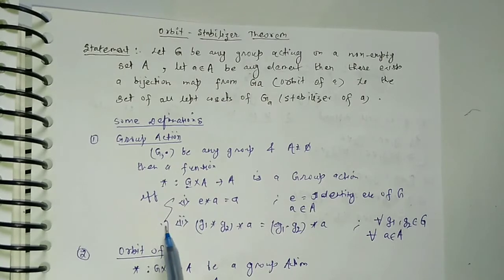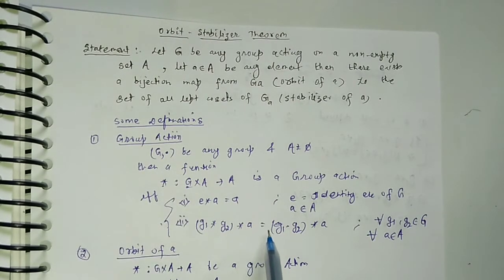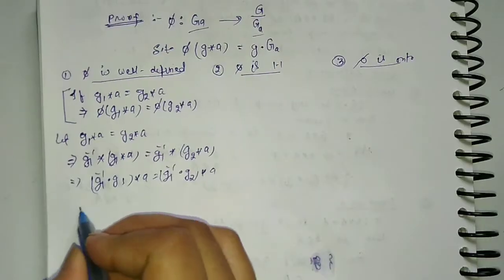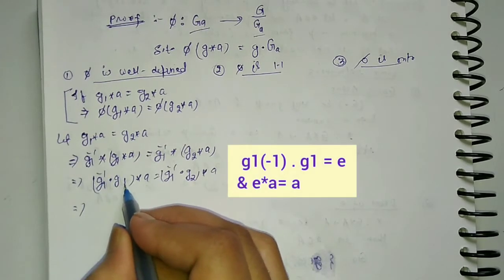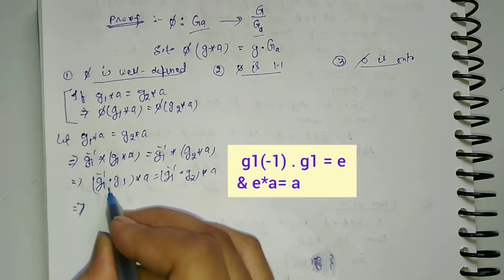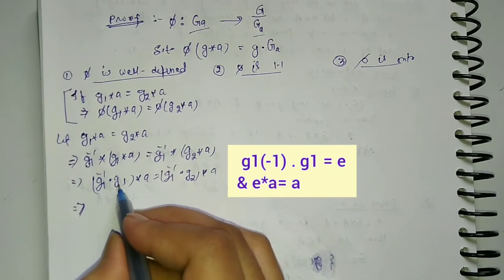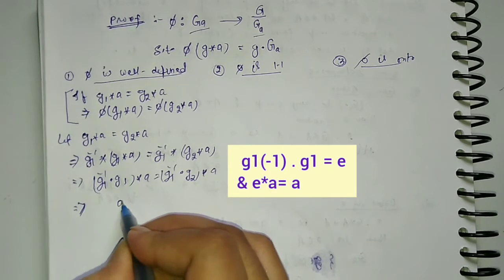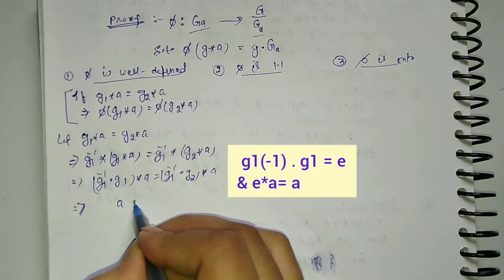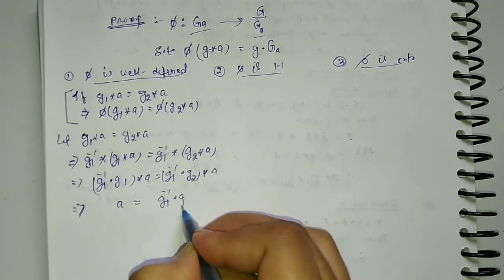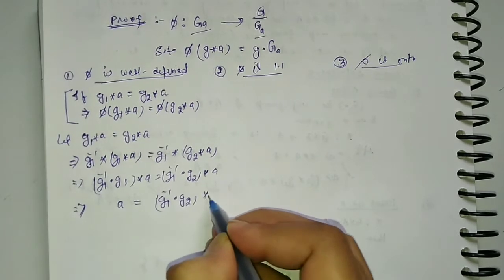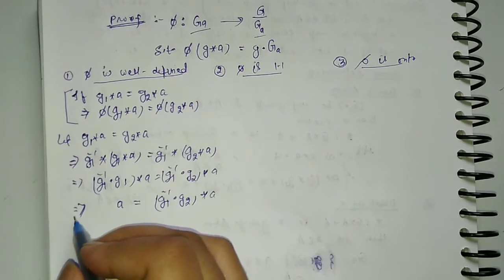From this property of group action, g1 star g2 star a will be equal to g1 dot g2 star a. Now g1 inverse into g1 will be equal to the identity element from our group, and e star a will be equal to a from the definition of group action, and this will be equal to g1 inverse dot g2 star a.